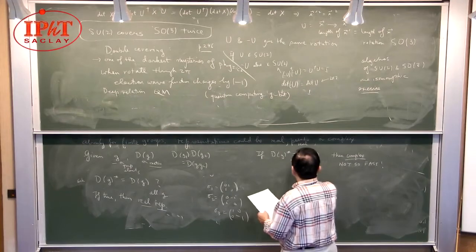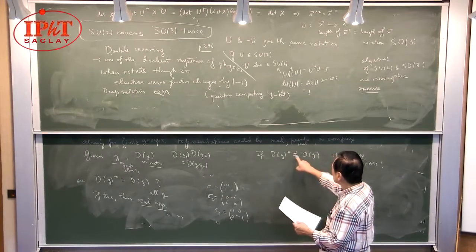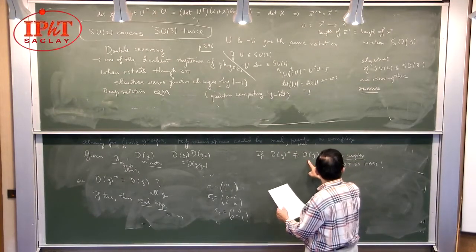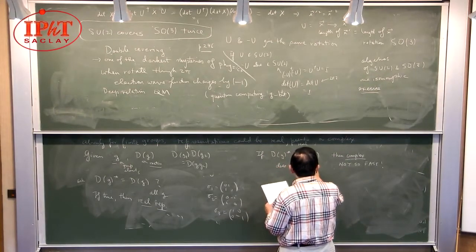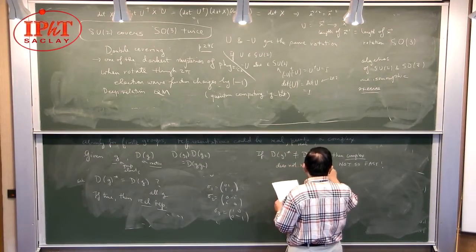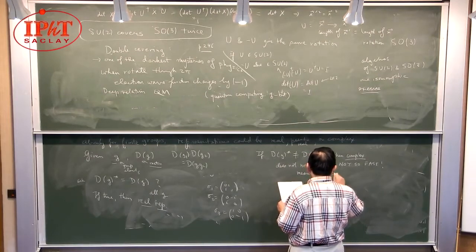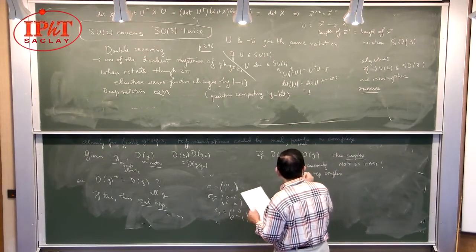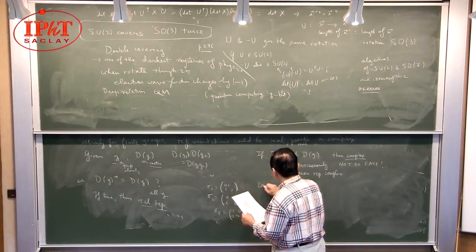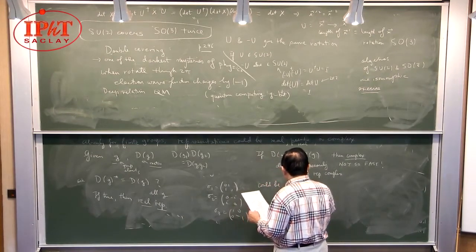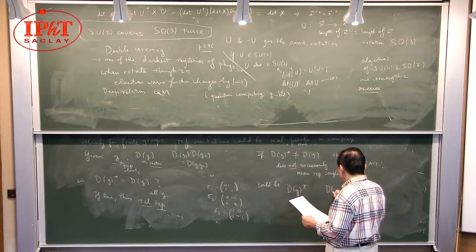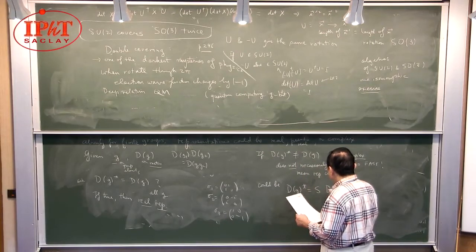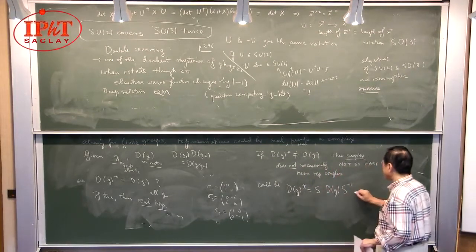Okay, so even if you look at the matrices and they're complex, it does not necessarily mean the representation is complex. Because it could be that D of g star, although it's not the same as D of g, is related to D of g by a similarity transformation.